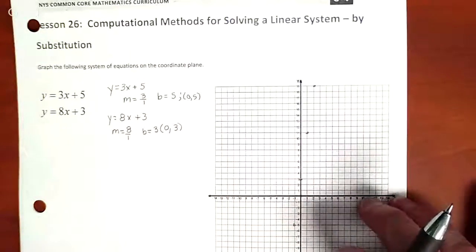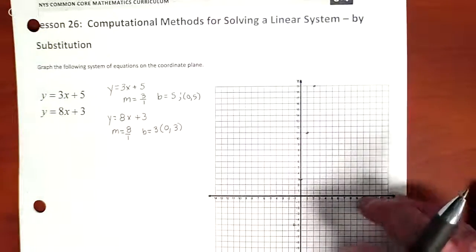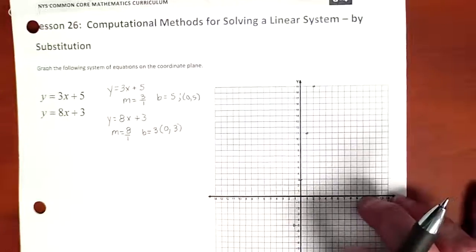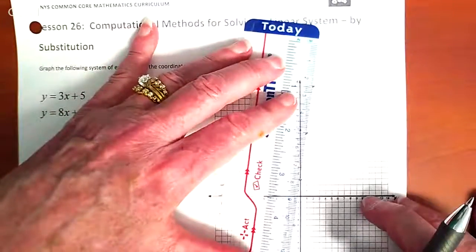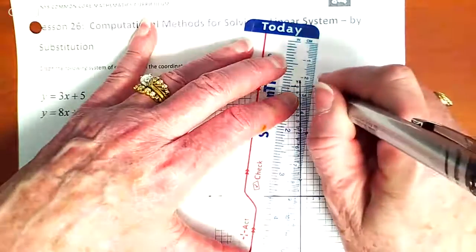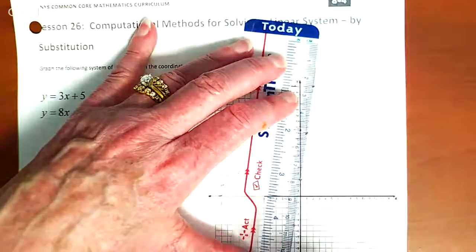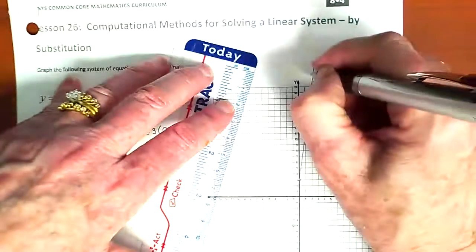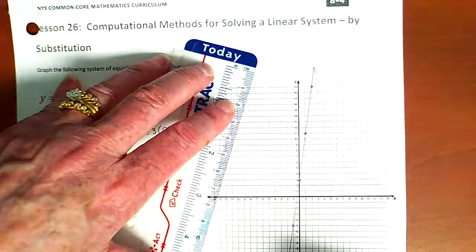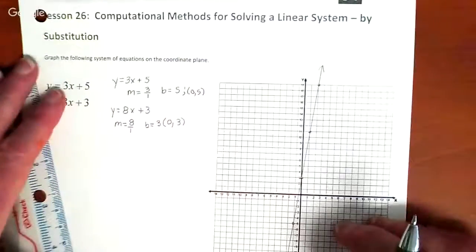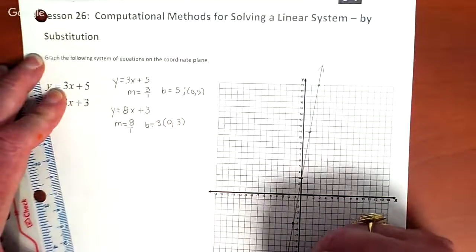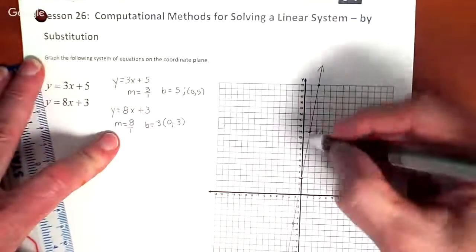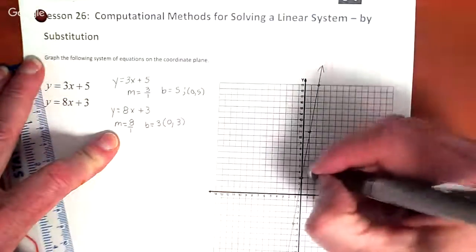So the first line I graph is this one, which is y equals 8x plus 3. My second one starts at 0, comma 5, which is right here.